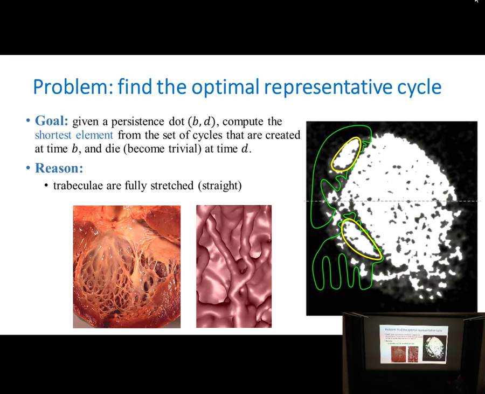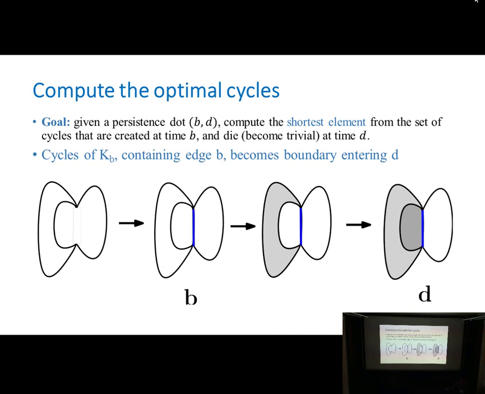So the cycles we select from are the set of cycles that are created at the birth time of this dot, and those cycles that become trivial at the death time. To give you an example, this is an original complex. When it enters, this is a filtration, sorry.